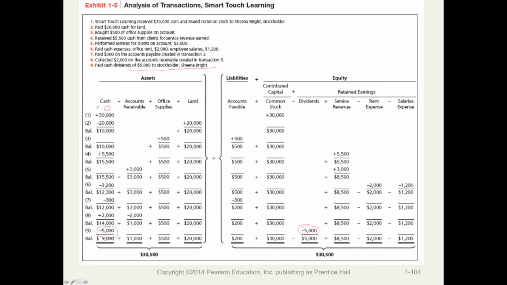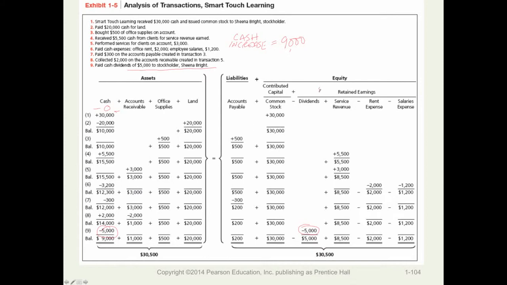Notice a couple of things. Number one, although we started with a balance of cash of 0, our increase in cash is 9,000.